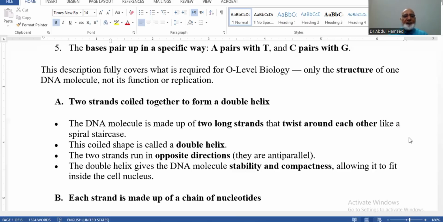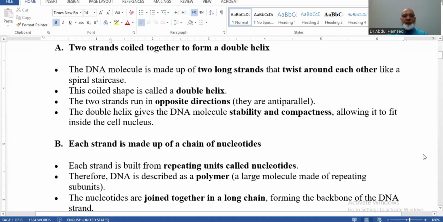That is, if one strand is arranged from 5 to 3 prime position, then the opposite strand, which is anti-parallel, should be from 3 to 5, from lower to upper direction. The double helix gives the DNA molecule stability and compactness, allowing it to fit inside the cell nucleus.